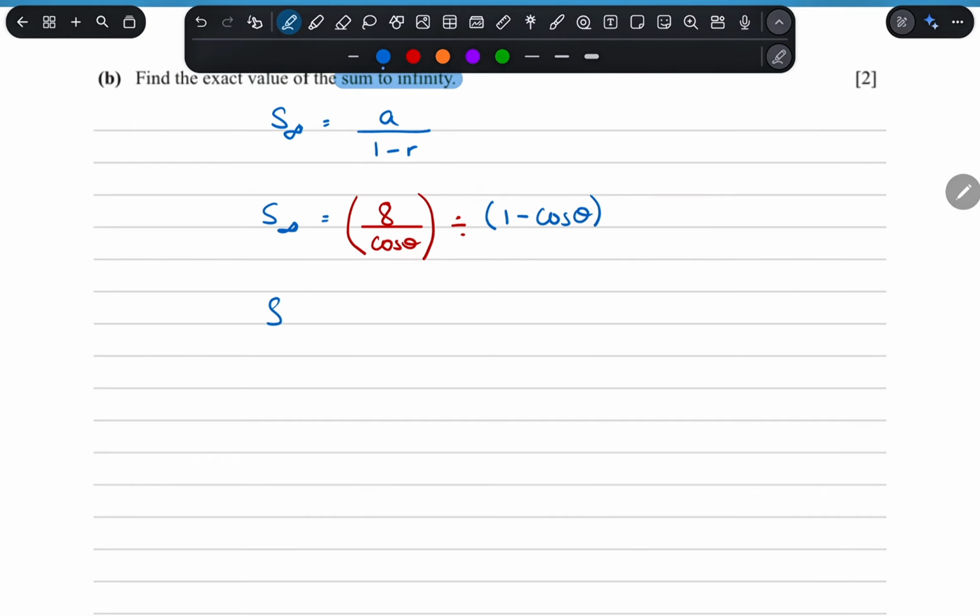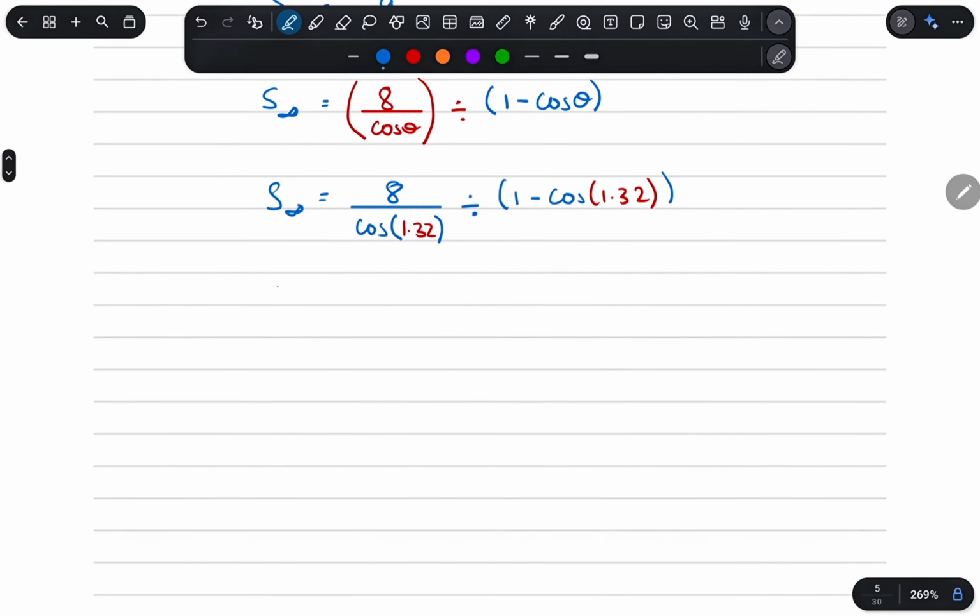So we'll have sum to infinity equals 8 upon cos 1.32 divided by 1 minus cos 1.32. So our final answer is 128 upon 3.